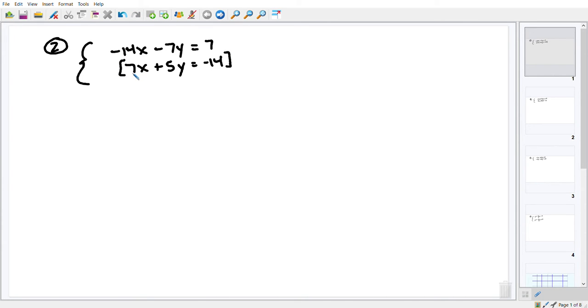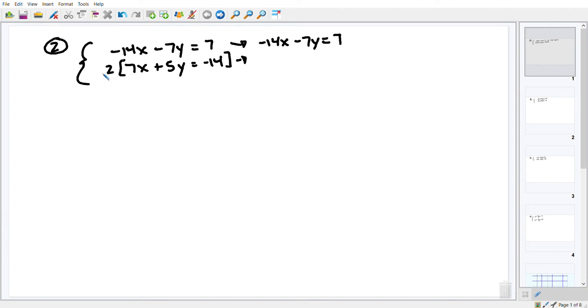And my question again is, what am I going to multiply to change my 7 into a 14? Well, it's just a simple 2. So let's go ahead and bring our first equation over exactly like we need to. As some of you are looking a little perplexed, why did I write a 2 there?